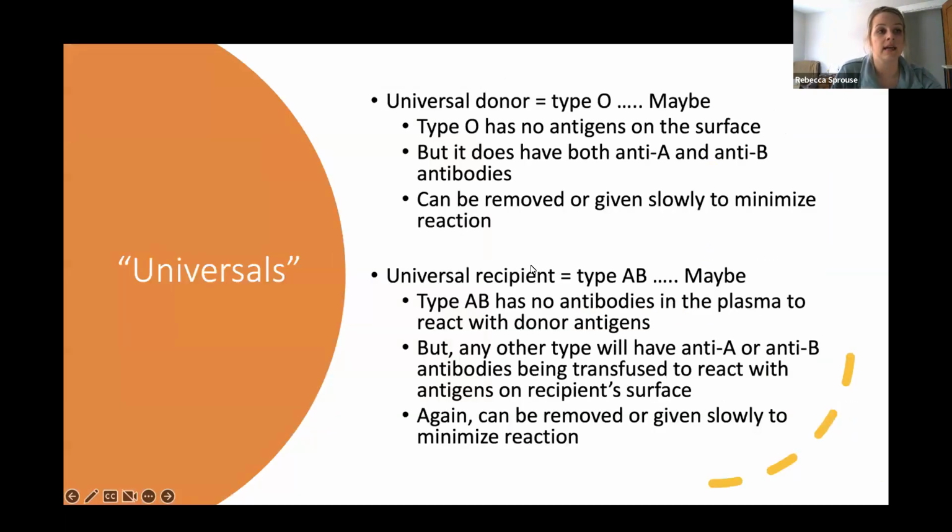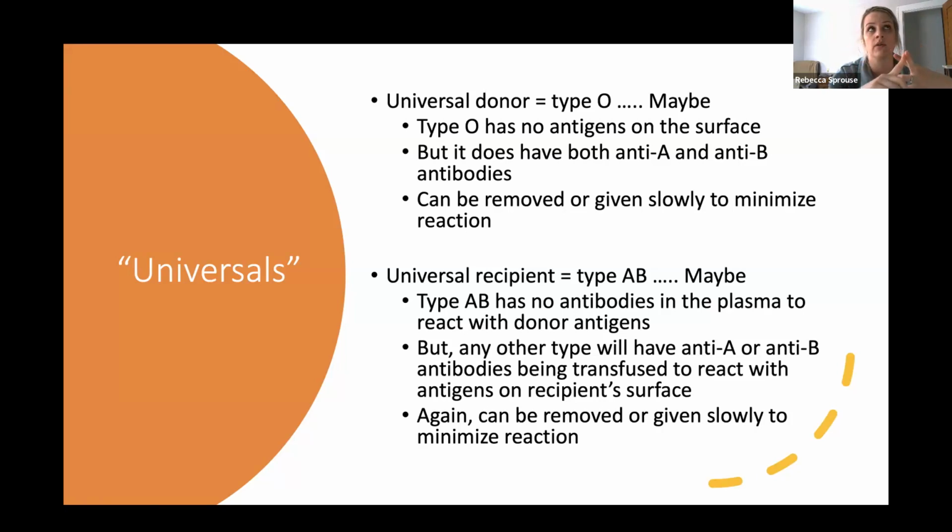And so a lot of times with these transfusions, if they can't give you your exact type because of a shortage or it's not available, you can give that blood slowly to prevent that antibody-antigen reaction from happening at a large scale. You can treat that blood so those antibodies are removed.